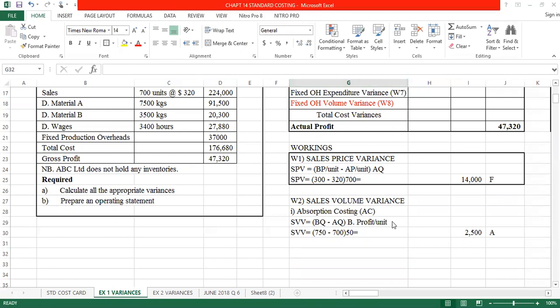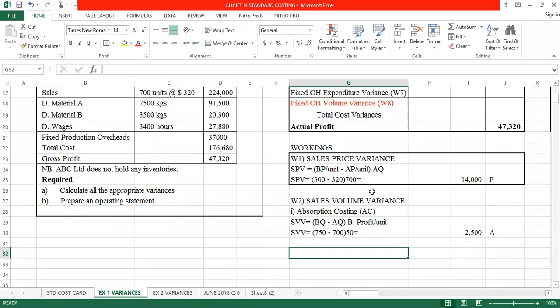Ellie, remember in variances, you don't look at the positive or negative. You get the difference between the largest. You start with the largest. 750 is the largest, 700. You are not interested in whether it is positive or negative. You just get the difference. Whether it is positive or negative, you ignore.